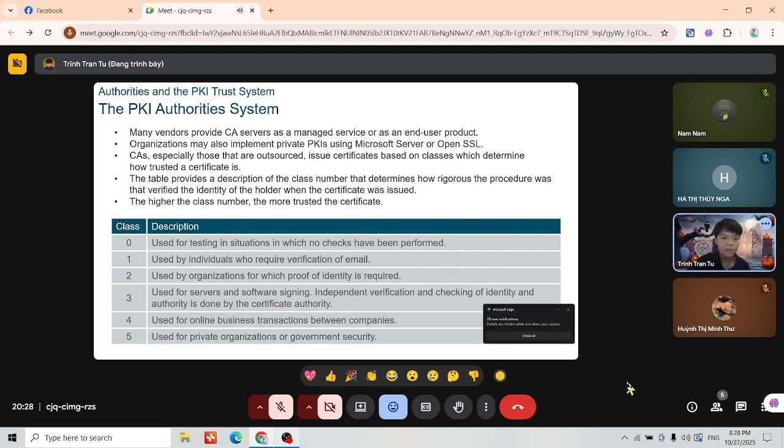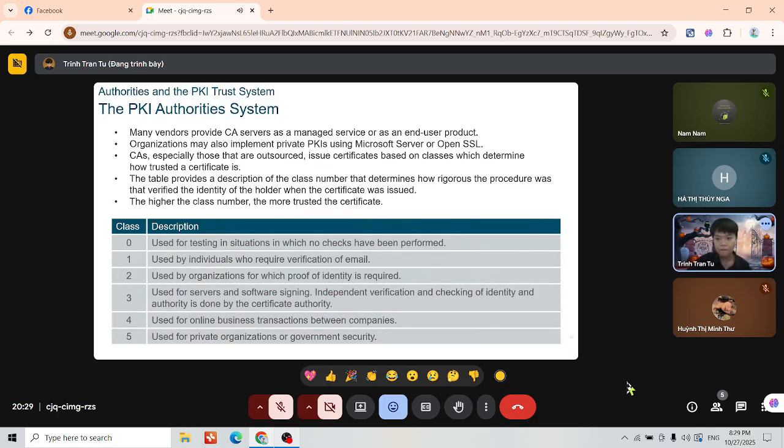The higher the validation level, the more rigorous the verification process. For example, an EV, meaning extended validation certificate, turns the address bar green. It represents the highest trust level.